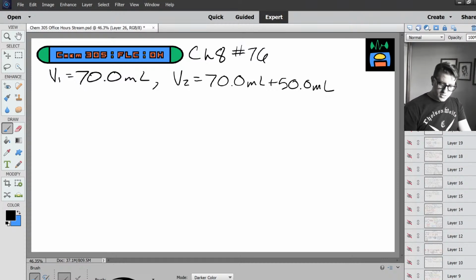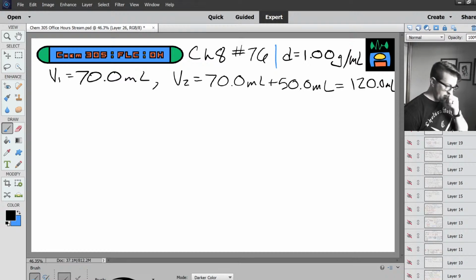And we're also told to use a density of 1.00 grams per mL. Number 76.